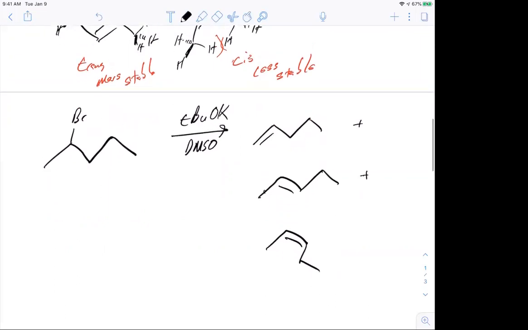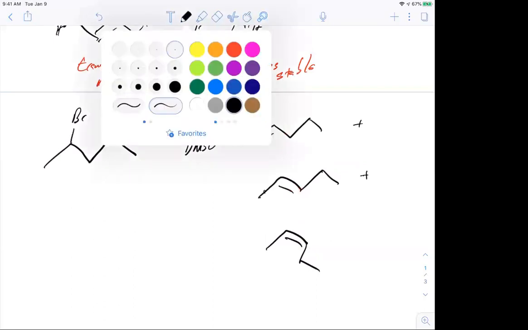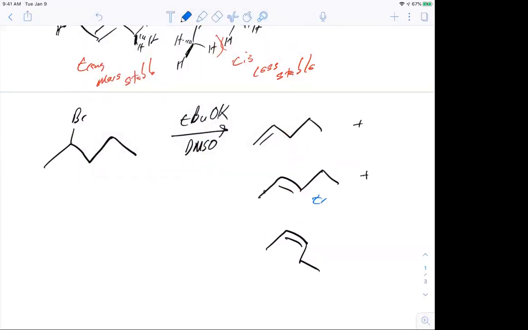Okay. So we get 1, 2, 3 different products. We have the monosubstituted here, or the primary. We have the disubstituted and the disubstituted here. Between these two, we have a trans and a cis. This one's trans substituted. This one is cis substituted.